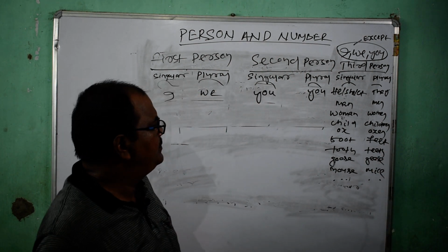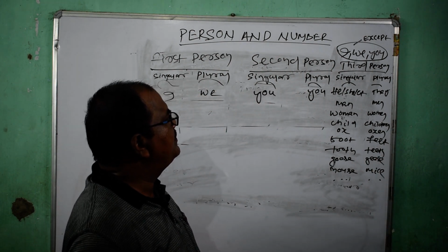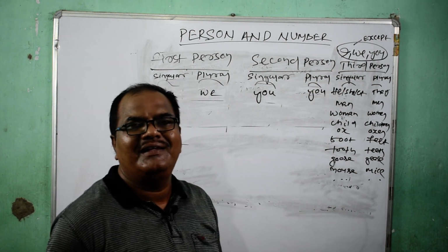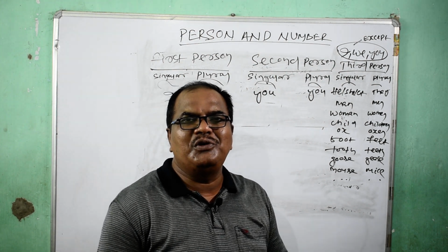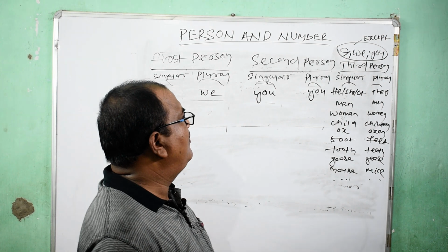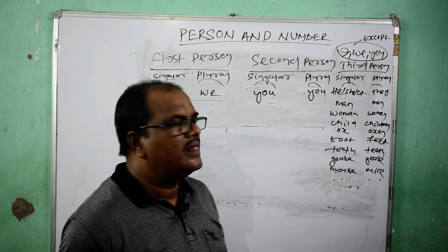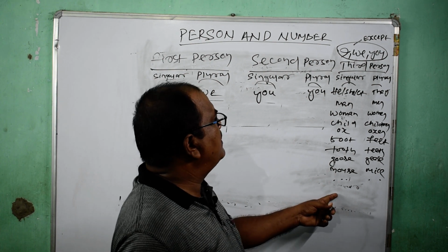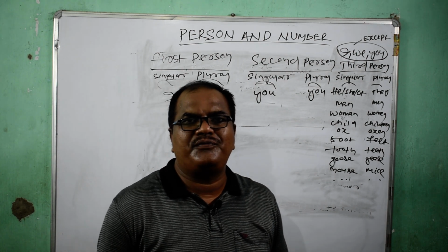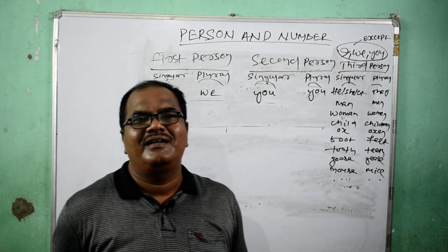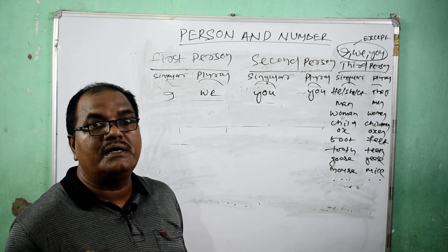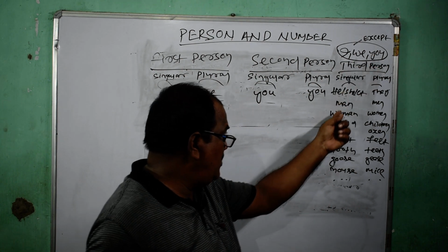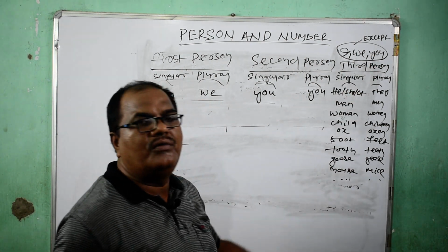In this way, you can list the words which belong to third person. Actually, it is not possible for anybody to make a complete list of third person words, because nouns and pronouns come under this category, and the list of nouns is unlimited. But one thing you should remember here, that except only these three words, all the nouns and pronouns come under third person.